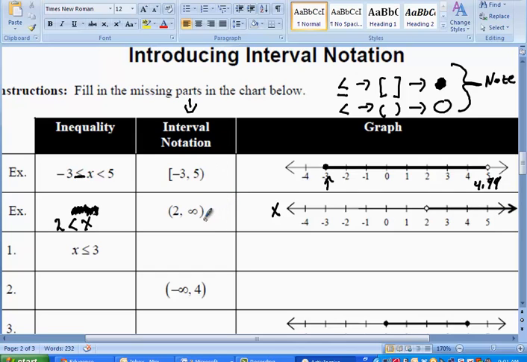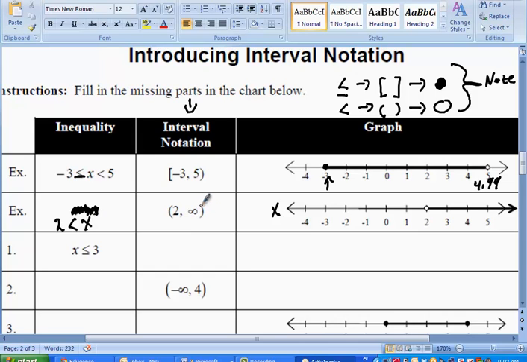Now, you might be wondering, why is it that I have a parentheses and not a bracket here? Well, the reason is I can never actually equal the value of infinity, because as soon as I reach that number, I can go to a bigger number, right? So infinity just stands for a really big number. As this graph continues to move, you keep getting bigger and bigger. So therefore, I can never have this actually equal to infinity.